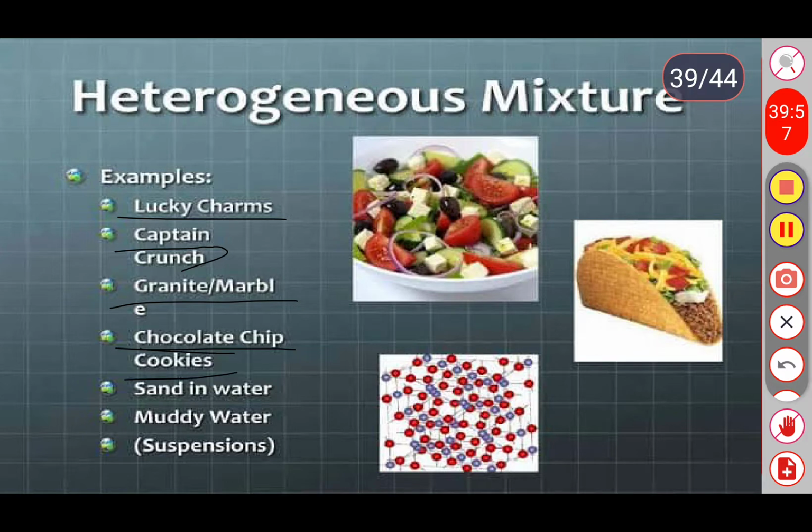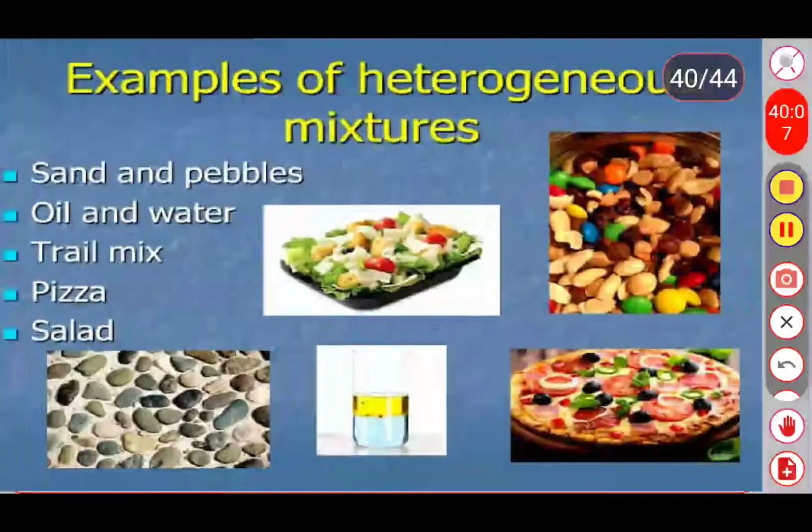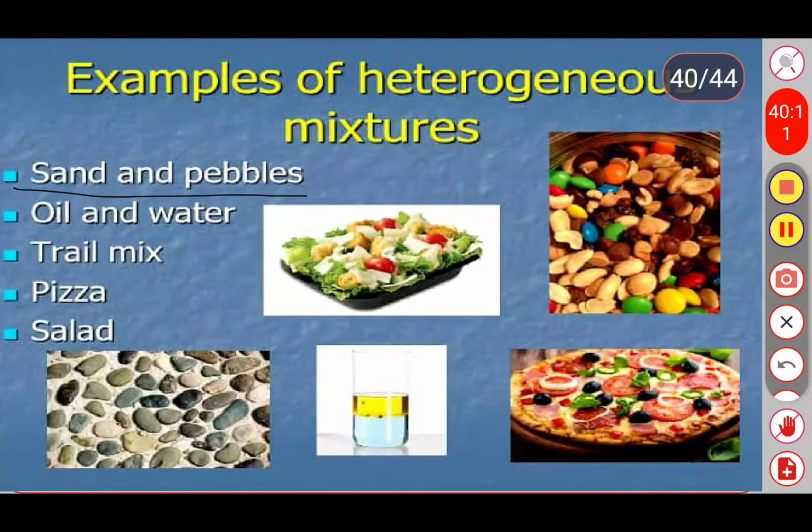These are some of the examples of heterogeneous mixtures. Some more examples given here: sand and pebbles, oil and water, trail mix, pizza, salad. These are also examples of heterogeneous mixtures.